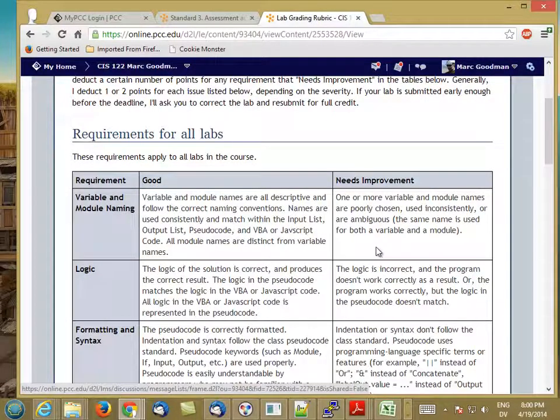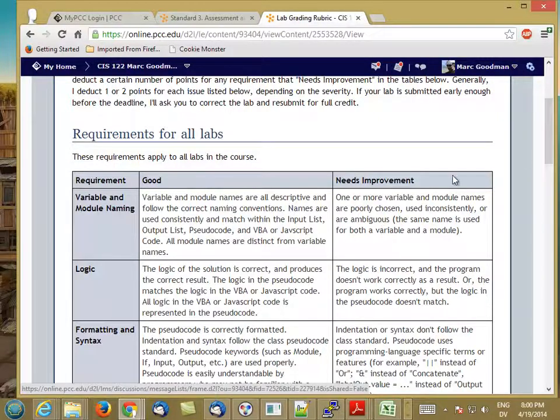And you'll see different styles of rubrics. Some rubrics have point scales at different levels of achievement, and some rubrics have different categories of achievement with different characteristics. For this particular rubric, what I'm looking at is several different requirements that I check when I grade their lab, along with basic standards for what I consider good work versus something that needs improvement.